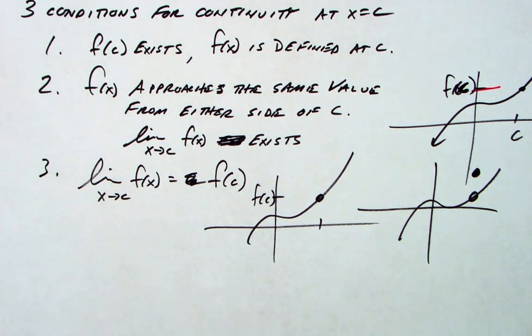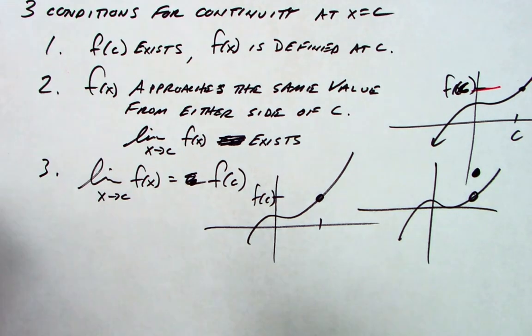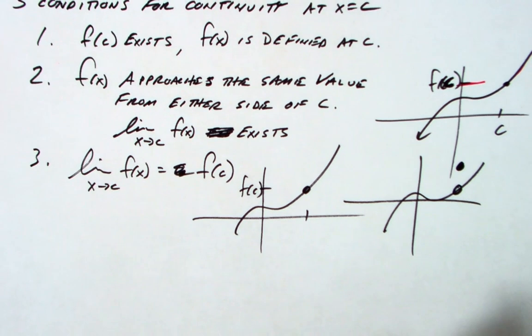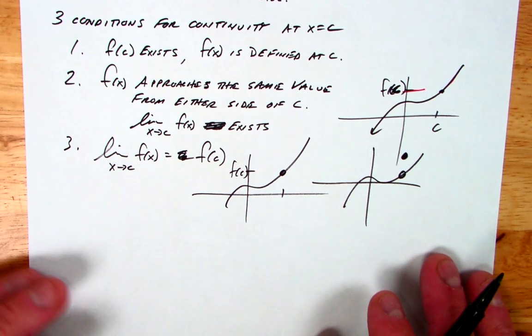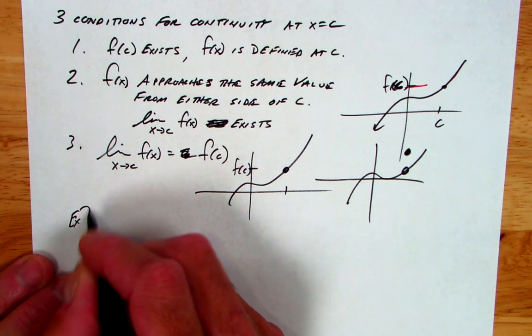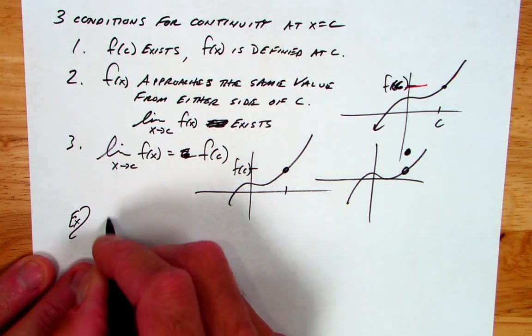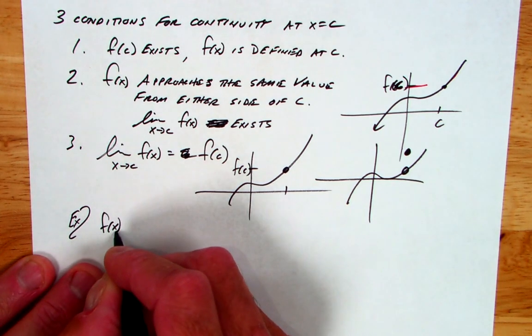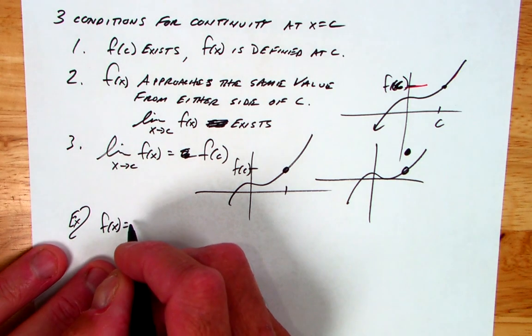This is page 30. I'll write it up here. That's just an example here. So I've got f of x. Well, they said h, but I'm going to use f. I'm a rebel.